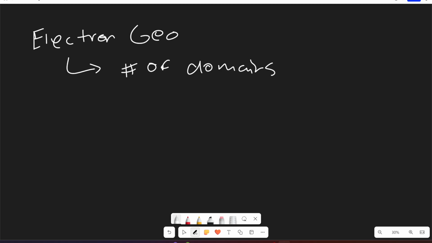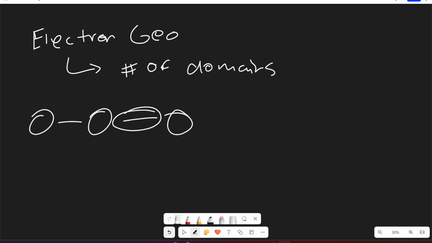For example, if I were to draw a Lewis dot structure and say I have an atom here, and then a single bond here and a single bond here, this would have two electron domains, because a single bond counts as one electron domain. So this would have a shape of linear.